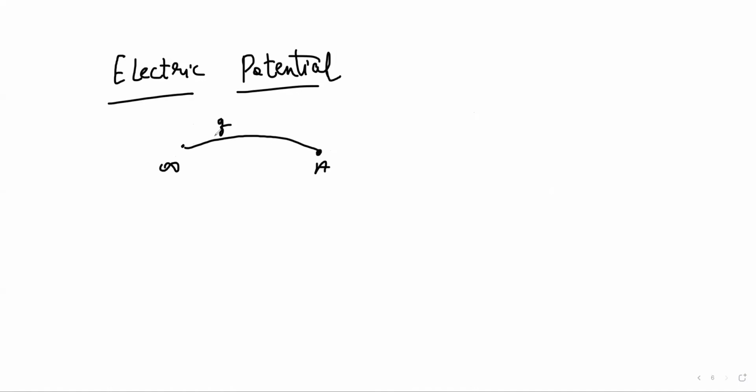If we want to push something, we need to do some work to push it, as I'm pushing my pen here, then only it is able to write. In the same manner, a charge also requires some work to move from one point to another. So work done per unit charge is the potential.